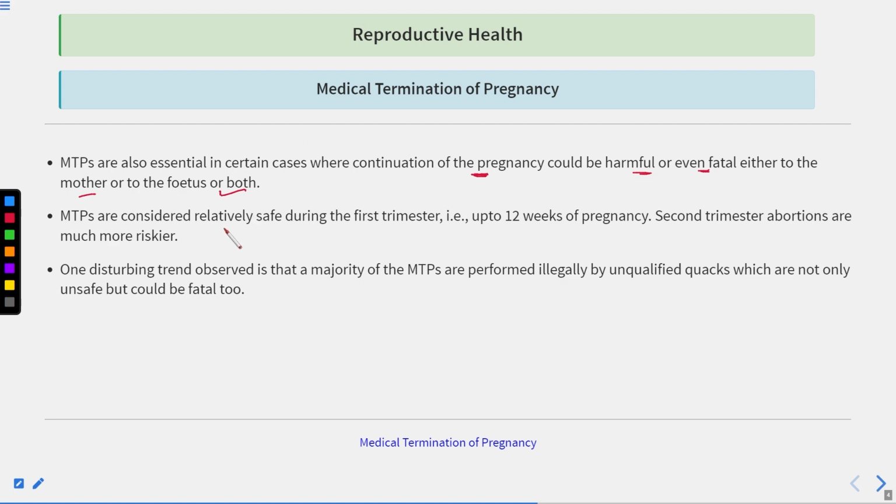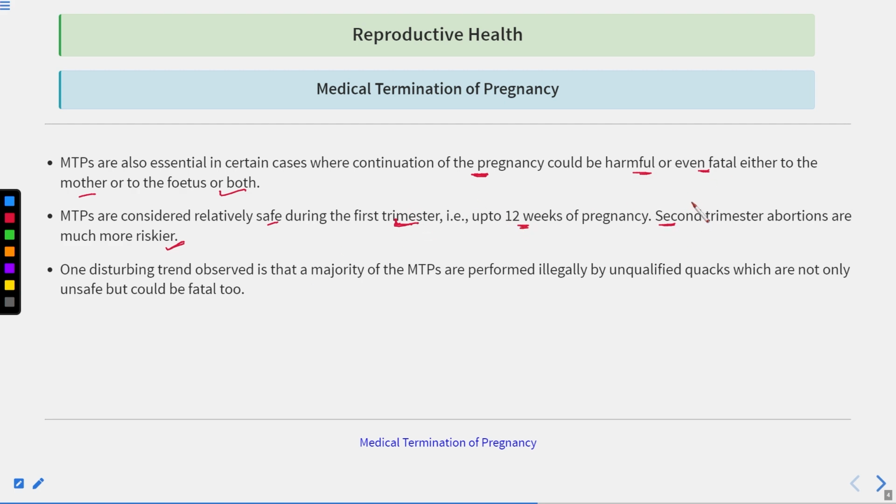Now, MTPs are considered relatively safe during the first trimester, that is up to 12 weeks of pregnancy, and second trimester abortions are much riskier. So what does this mean? During the early stages of the pregnancy, such as during the first trimester, if couples go for abortion or MTP, then it is relatively safe. Going for abortion in the later stages, like during the second trimester, is riskier. The first trimester is for 12 weeks.